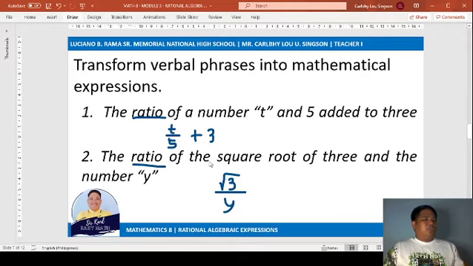Take note of square root and the square alone. If the phrase would say the ratio of the square of 3, and not square root, then probably you could answer 3 squared over y. So do not be confused with square root and square alone.